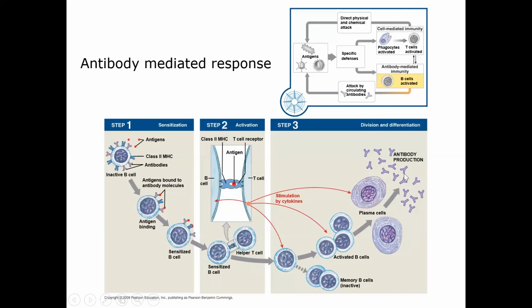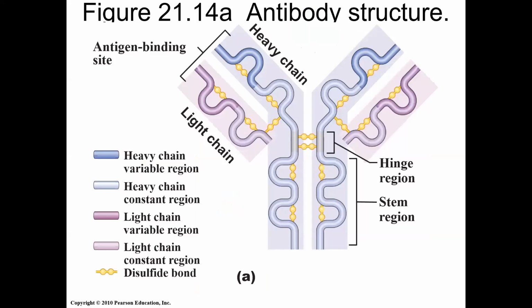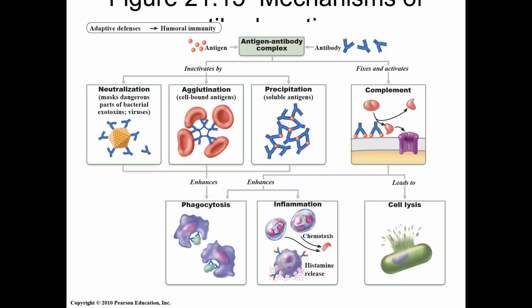All these antibodies are going to be in your plasma, circulating in the blood to take care of all the free antigens. For this part, the antibody structures you can skip. I'm not going to ask you to know the structure of antibodies. This gives you an idea of how, once the antigen and antibody bind together, this binding can destroy the antigens. You can read this part from your book.